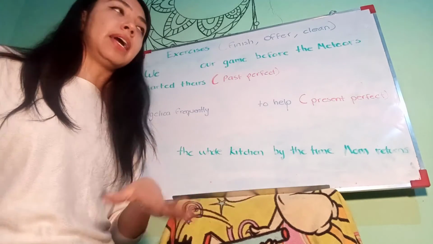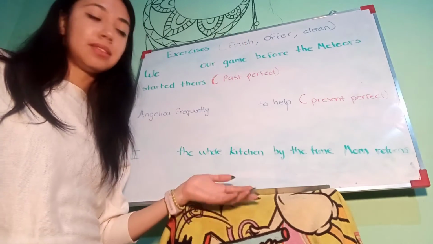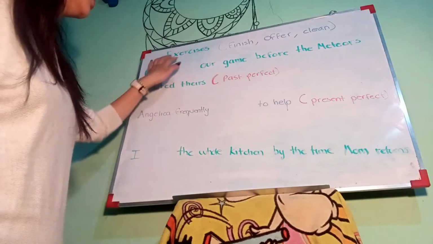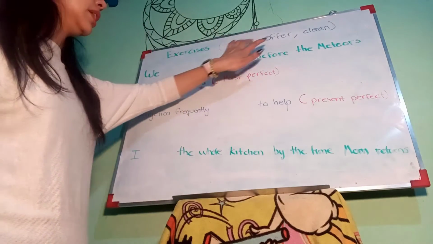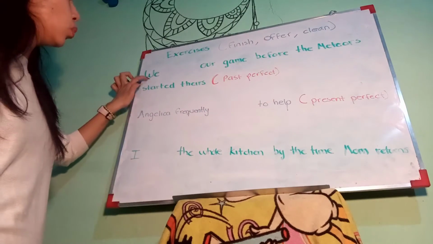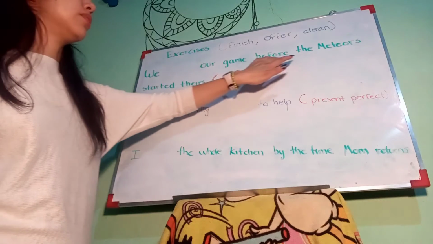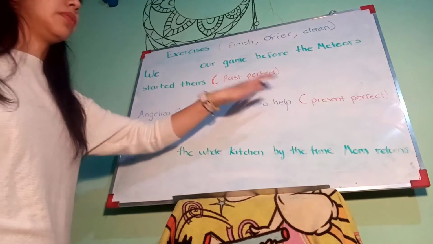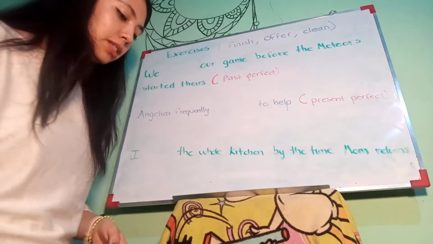Okay, and I have some exercises to do together. So the verbs are finish, over, and clean. So the first, we blank our game before the methods started theirs. Past perfect. What is the structure of past perfect?